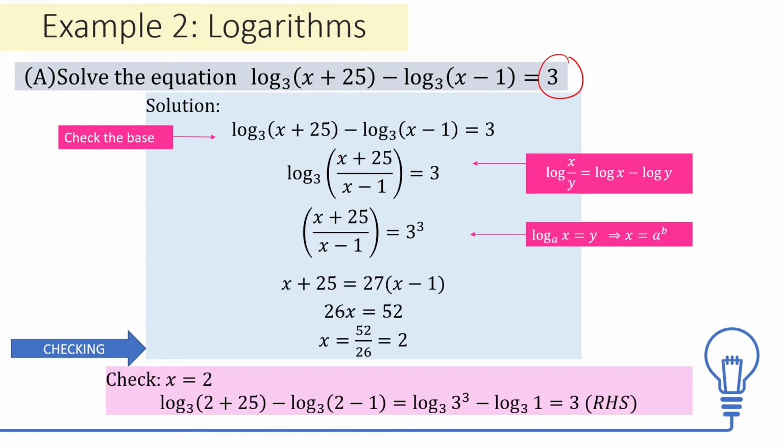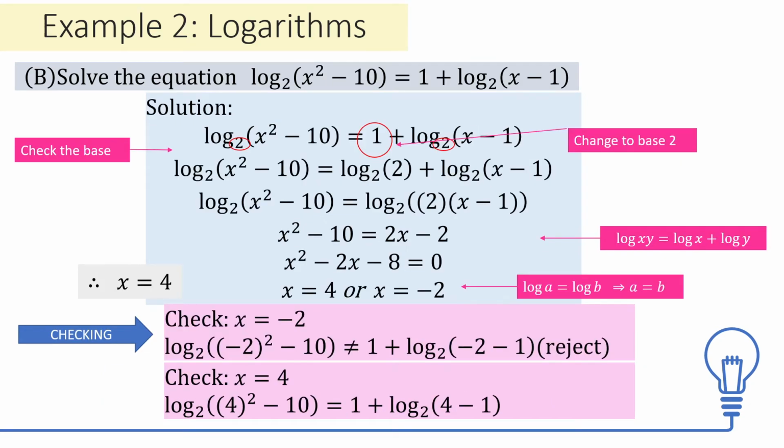Since this is minus, I become a divide, and this 3 I bring to the other side, 3 power of 3, and then I solve for my x. My x is 2, then still need to substitute back into the equation and get the 3, so the answer is valid, x equals 2.